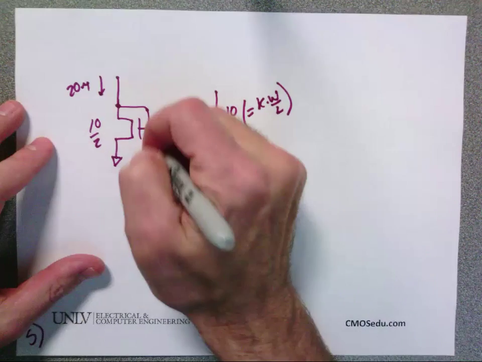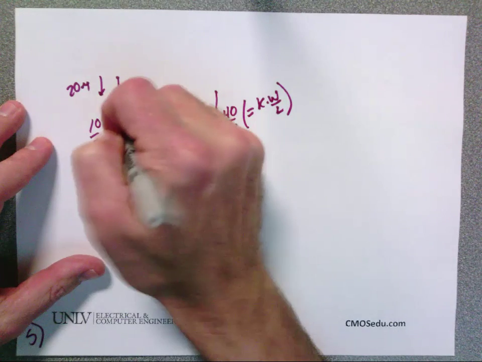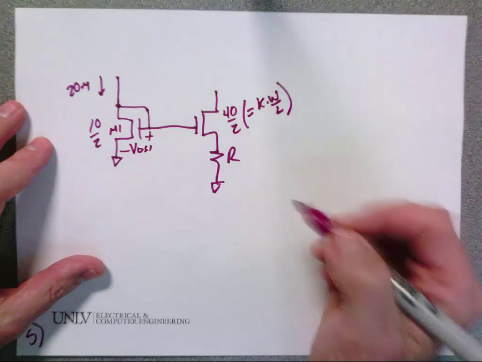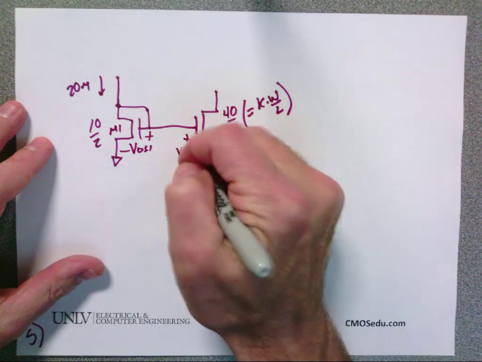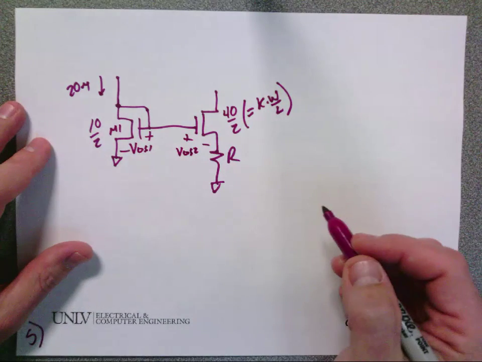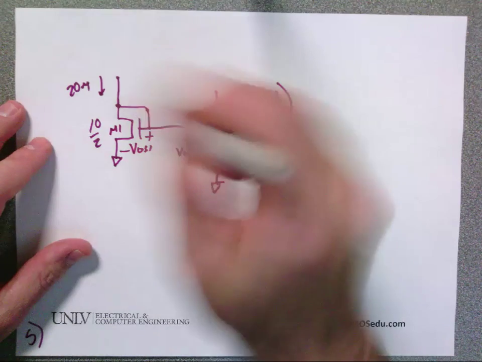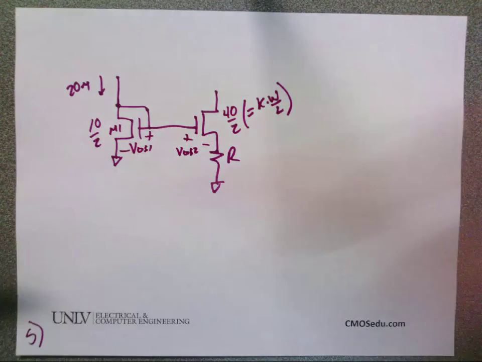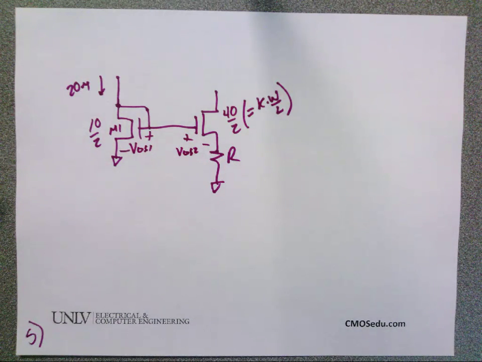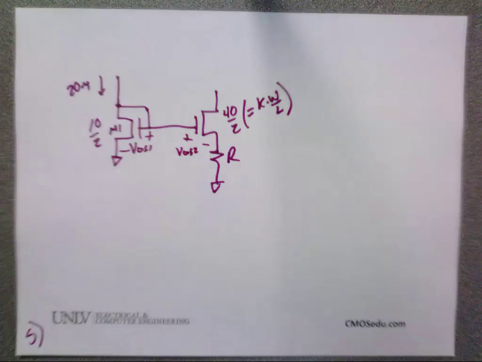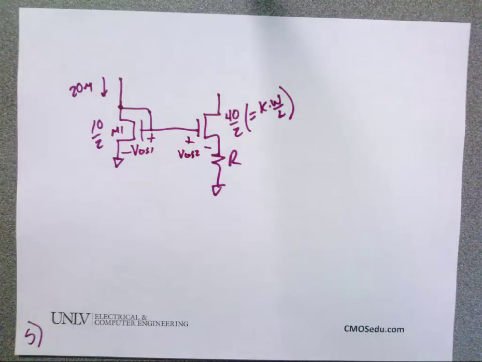So now I'm going to call this M1. I'm going to call this VGS1, and I'm going to call this VGS2. And I'm going to try to force the same current through each side. What's the simple way to force the same current through each side of this circuit? If I want the same current flowing through both sides, what do I do?